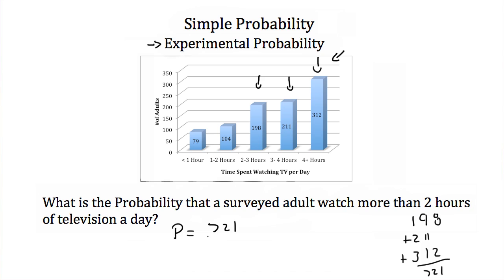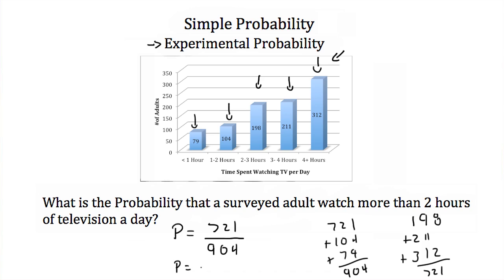Now this is over the total number of adults that have been surveyed, or the total possible outcomes. So we take this 721 and we add the adults that didn't watch more than 2 hours of television a day, so these 104 and these 79. That's 904. So that's the total number of possible outcomes. If you do this division, you'll come up with a decimal.